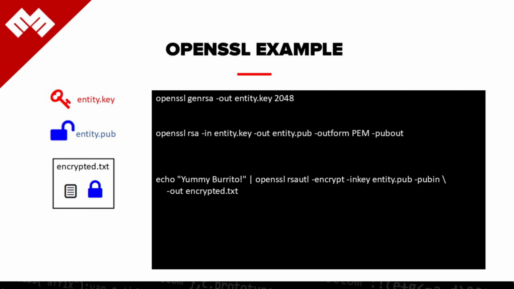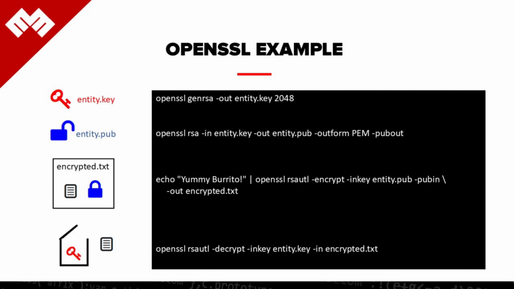You will see a little bit later that the contents of encrypted.txt will be completely unintelligible, and hence it is safe to share the encrypted.txt file over the internet. To decrypt the encrypted.txt file, we use the OpenSSL rsautl command again and pass in both our entity.key private key and our encrypted.txt file. You will see in a moment that the screen will print the decrypted message of Yummy Burrito.